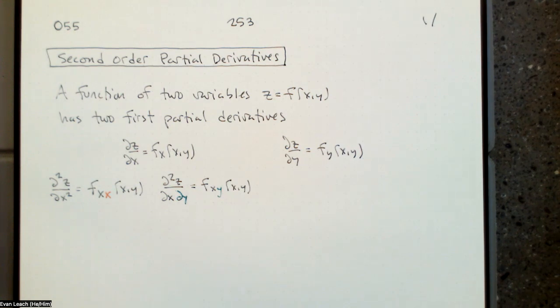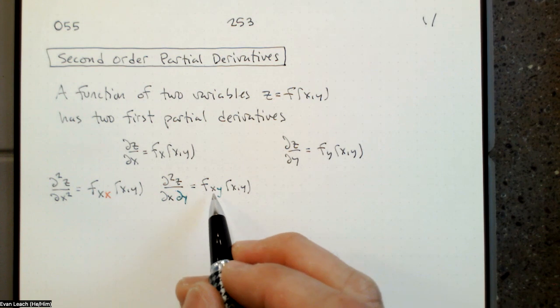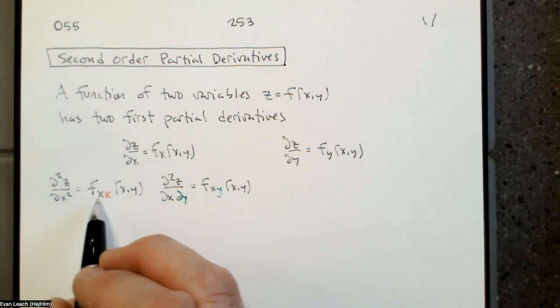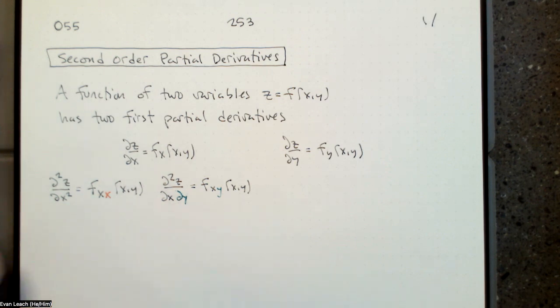So we're just modifying our double prime notation to indicate the variables that we use. Now we just put them in order. This is the partial derivative first with respect to x, then with respect to y. This is the partial derivative with respect to x, and then with respect to x. Prime is not specific enough. We've got multiple variables running around, so we need to modify our notation.